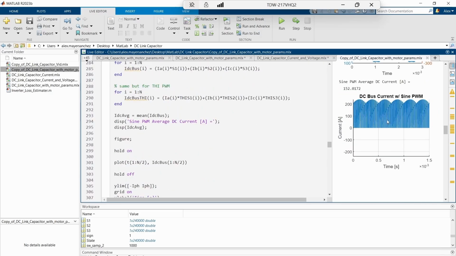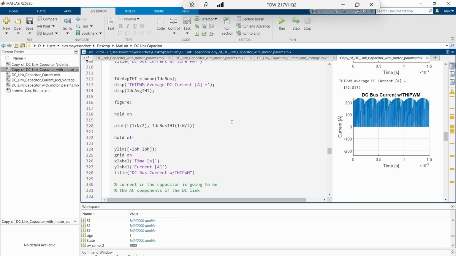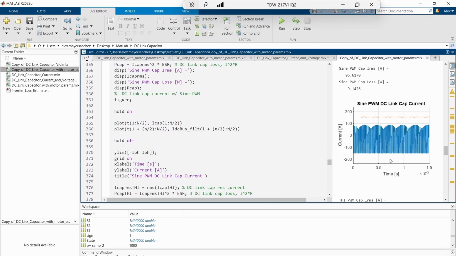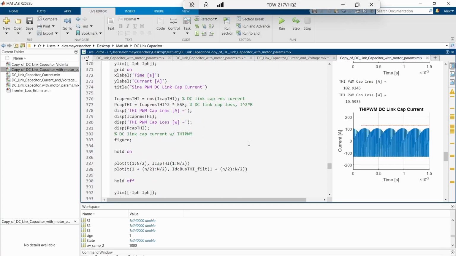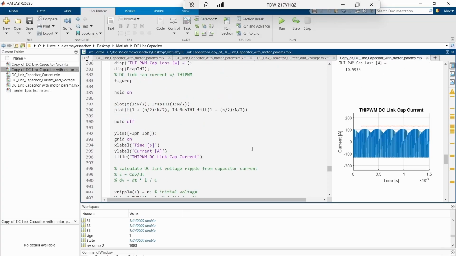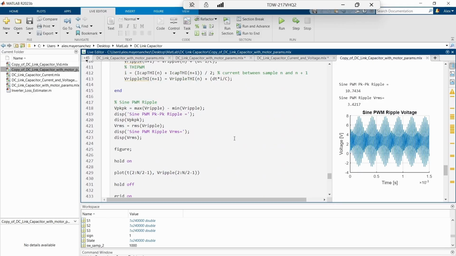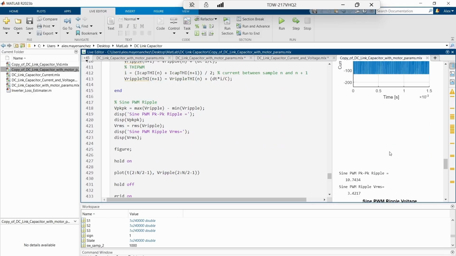Then we get the DC link current in. That's the combination of the AC plus the DC component. We subtract out the DC component. That allows us to get the AC component going through the capacitors. Then we use I equals C dV/dt, calculate what the voltage ripple is, and now we have the voltage ripple for all these examples.